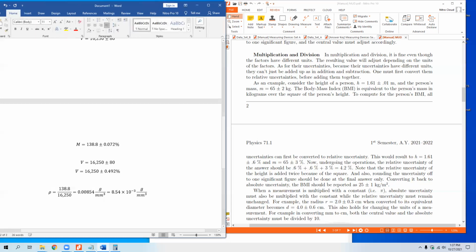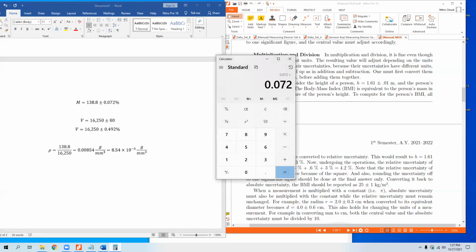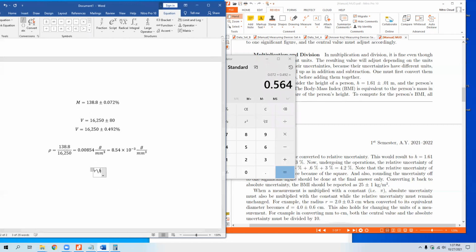So next, how about the uncertainty? Again, we add the relative uncertainties. So that is 0.072 plus 0.492. So we should actually get rho is equal to 8.54 times 10 to the minus 3 plus minus 0.564%.